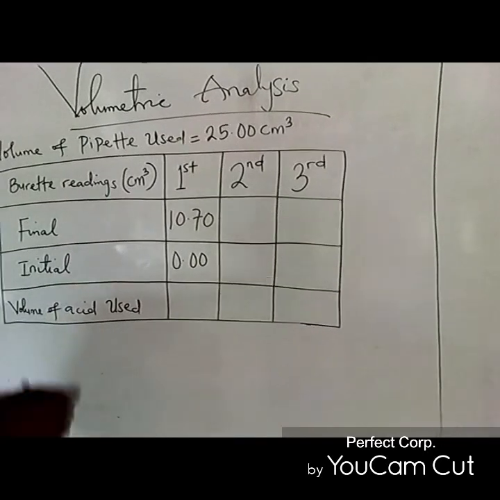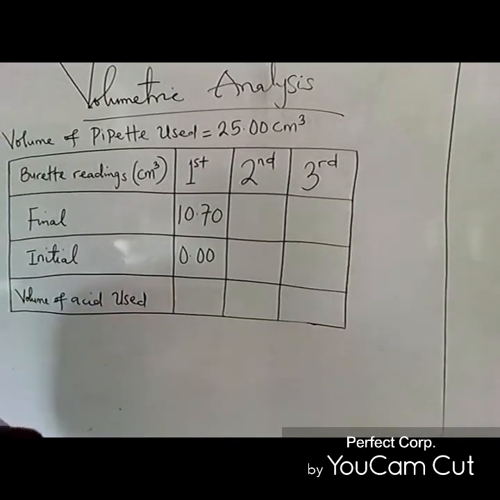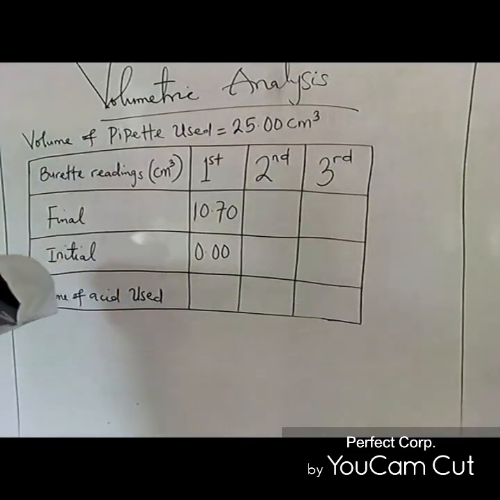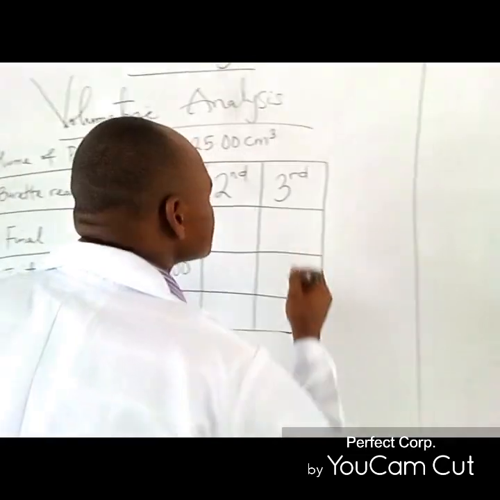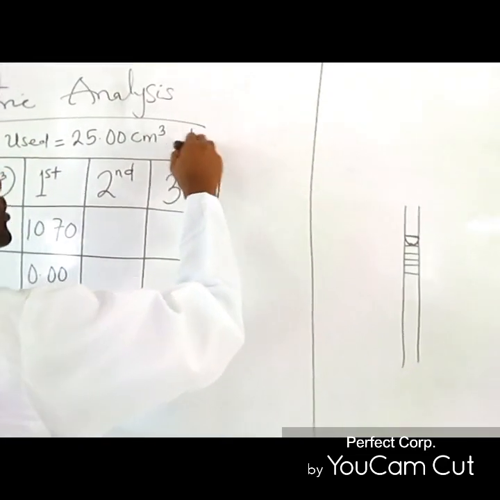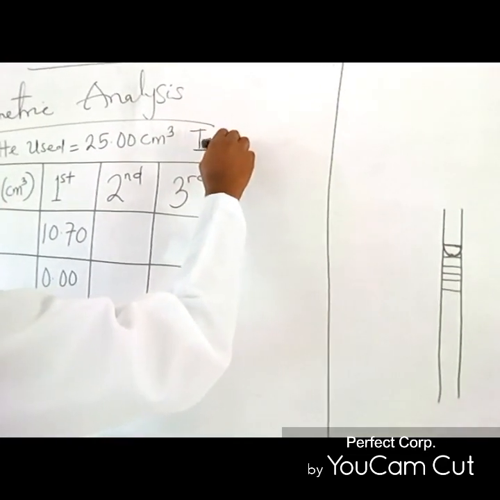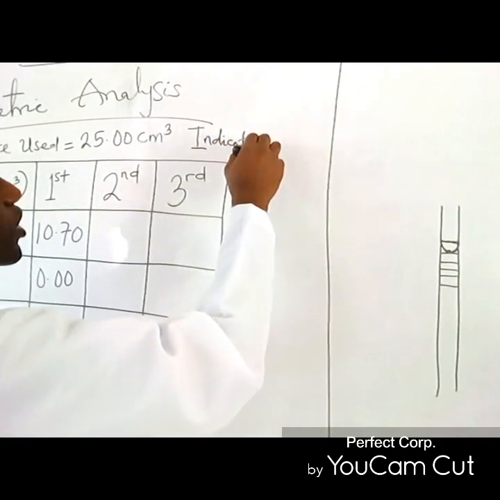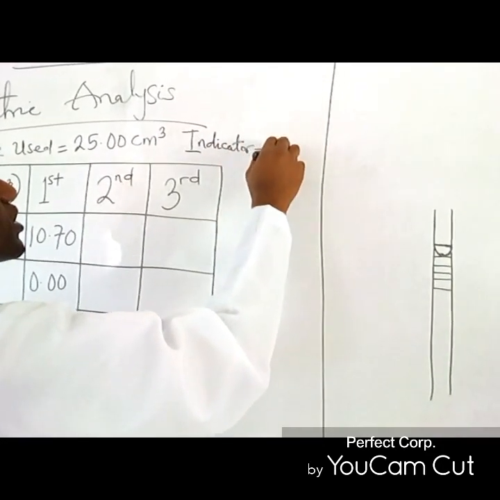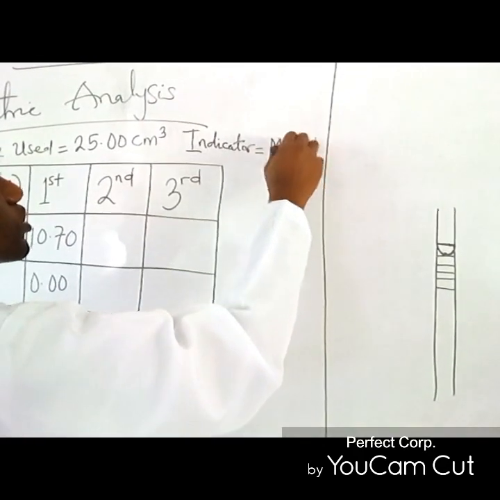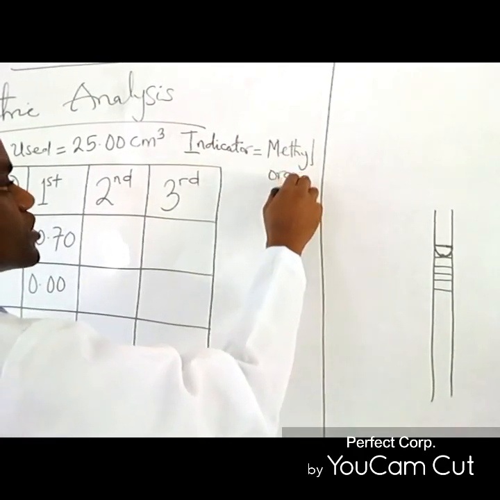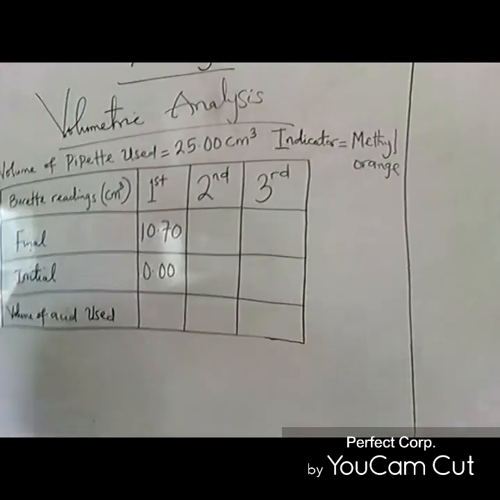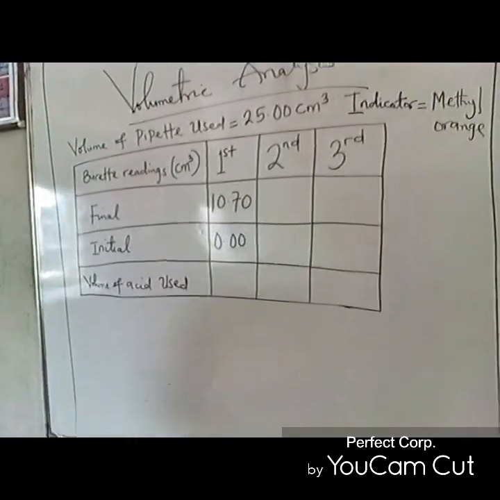Very, very important. Then another thing that I forgot to input is this. After you have recorded the volume of the pipette used, it is also very important that you indicate the type of indicator you are using. For this practical, we are making use of methyl orange. Please take note of that. So always indicate the indicator that you are given.